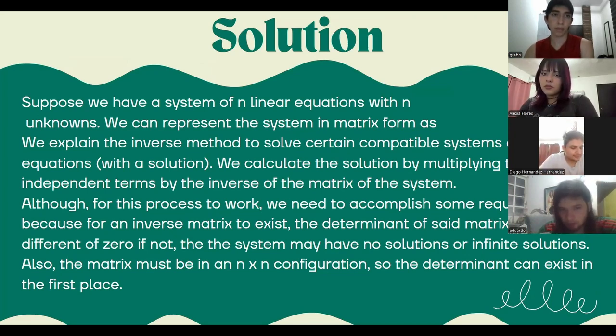For this process to work, we need to meet some requirements. For an inverse matrix to exist, the determinant of the matrix must be different from 0. If not, the system may have no solutions or infinite solutions. Also, the matrix must be n by n, so the determinant can exist in the first place.